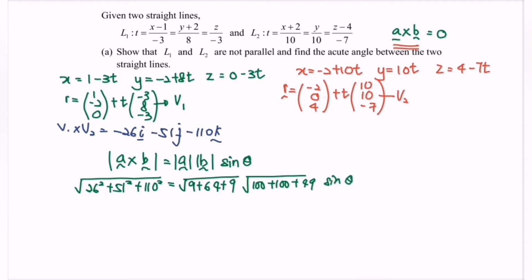Simplify and we have sine theta equals 0.8678191061 and so on. So theta equals 60.21 degrees. That is the acute angle between the two straight lines.